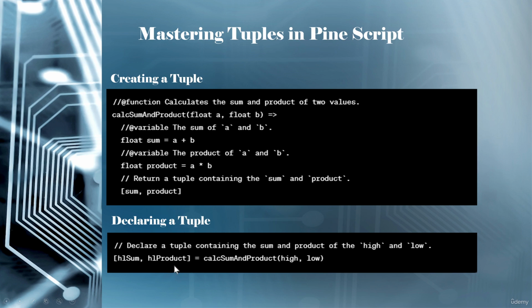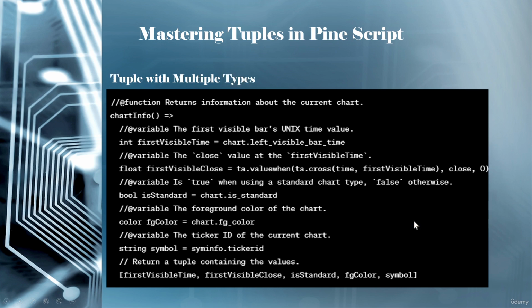So when PineScript executes this line, the first value from returning tuple sum will be assigned to the first value of declared tuple HL sum, and the second value from the returned tuple product will get assigned to the second value of the declared tuple HL product. So this is how we declare tuple and assign value to it.